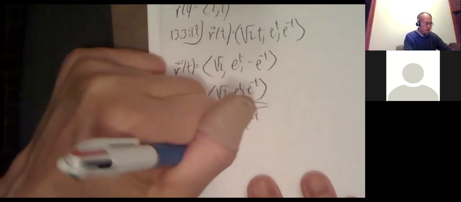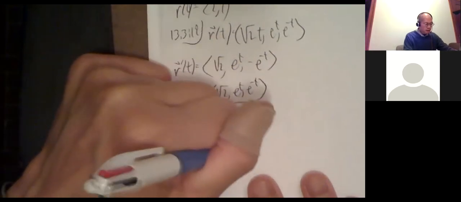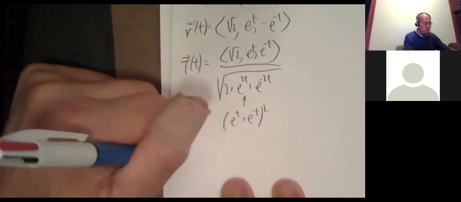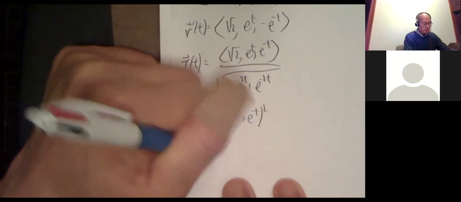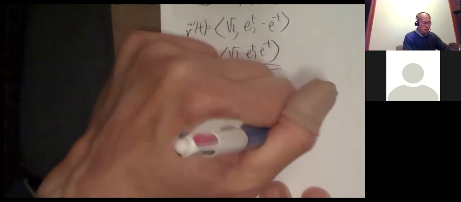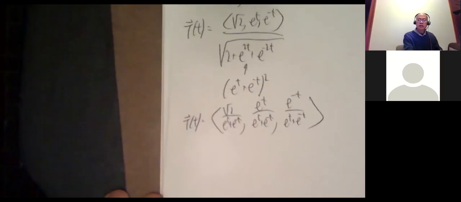And this very conveniently is e to the t plus e to the negative t, quantity squared, which means T of t is radical 2 over e to the t plus e to the negative t, e to the t over e to the t plus e to the negative t, e to the negative t over e to the t plus e to the negative t. That's T of t.